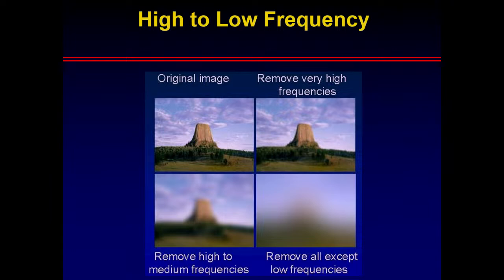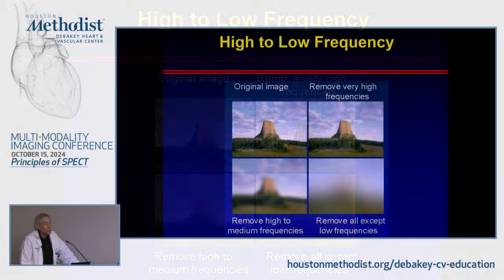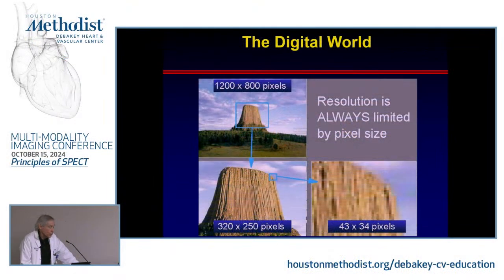I guess we just call everything normal and be done with it. But we need to be able to see detail. And the way you keep detail is to keep at least a certain amount of high frequency information.